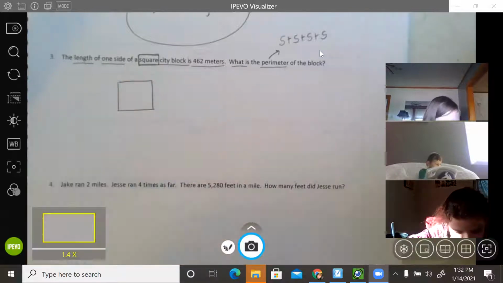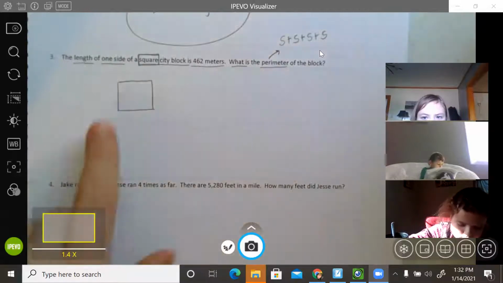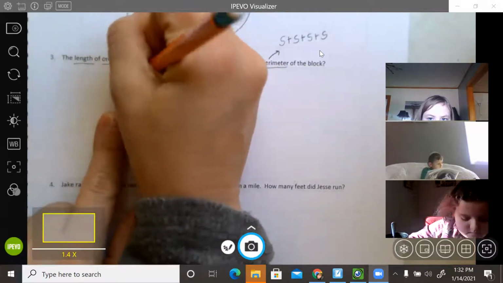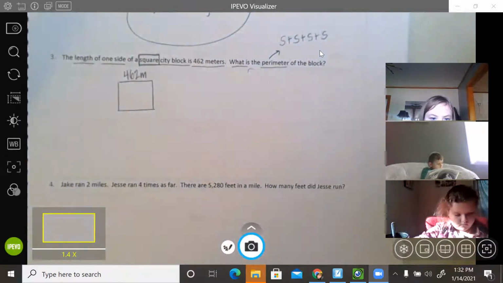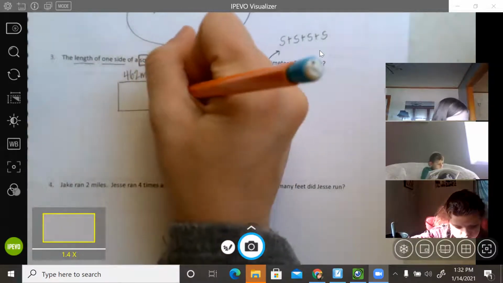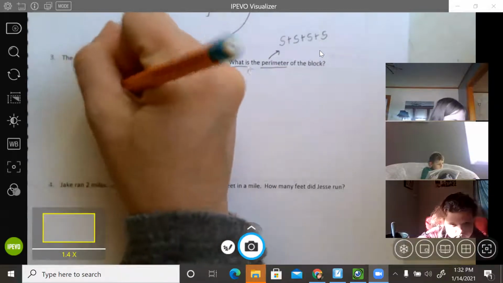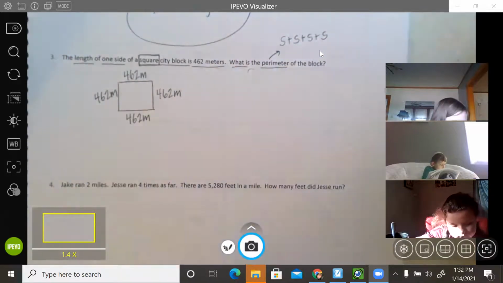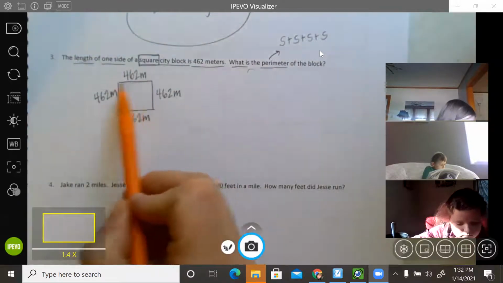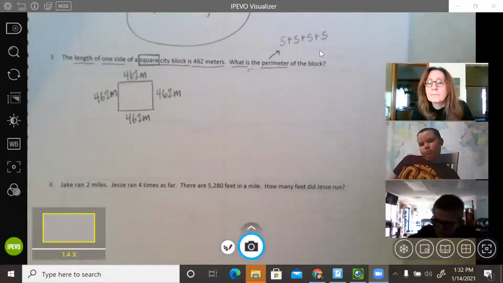And what do you know about the 4 sides of a square? They're all equal. So Nina, if we know that the length of one side is 462 meters, what do we know about all four sides? That they're all 462 meters. Very good. And so you need to remember properties of squares to be able to label this. Because if we only label one side, it doesn't give us any more information about the other sides.